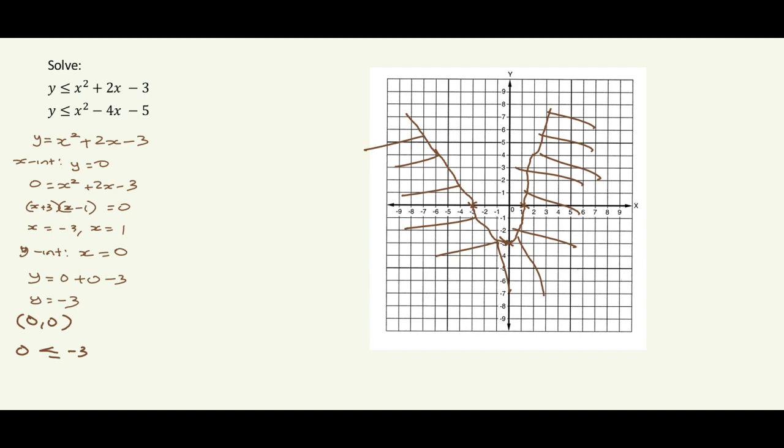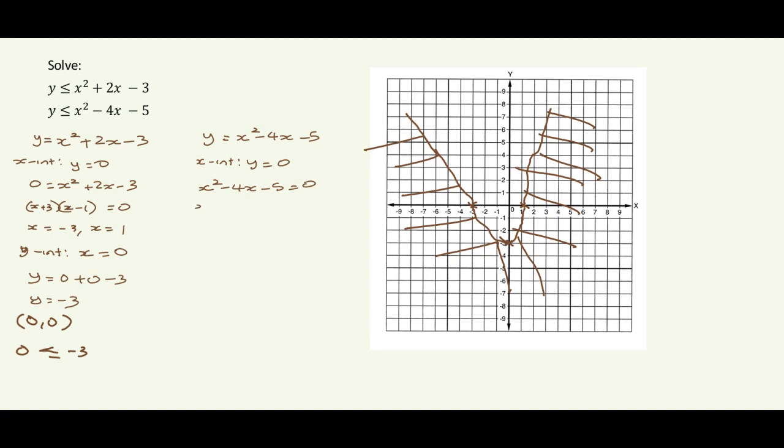Now let's look at the second quadratic. So we have y equal to x squared minus 4x minus 5. So the x-intercept, we have y equal to 0. So x squared minus 4x minus 5 equal to 0.